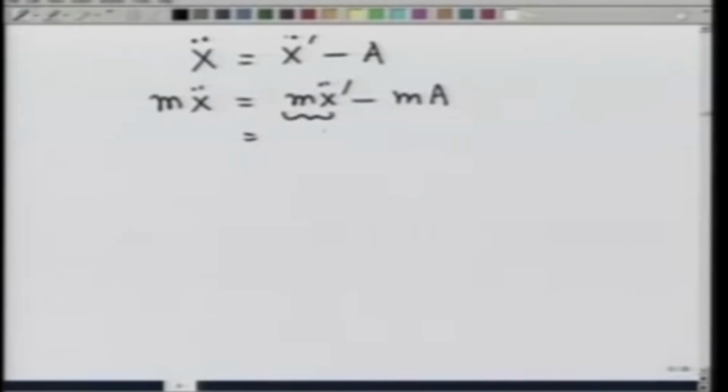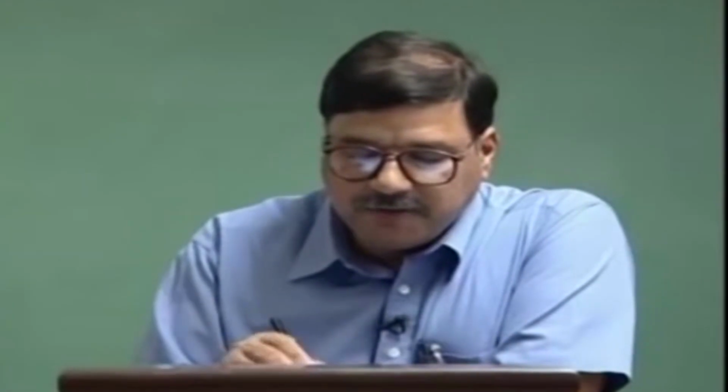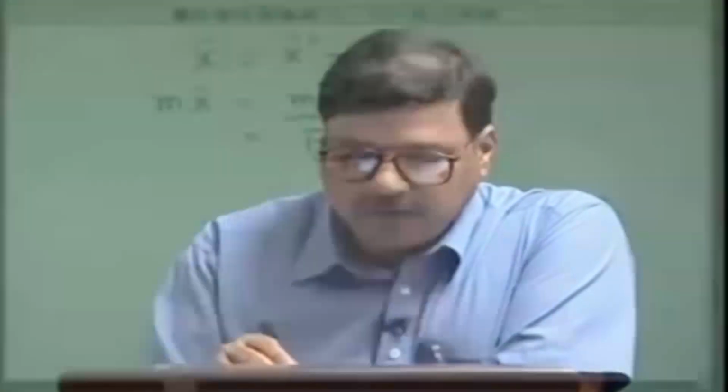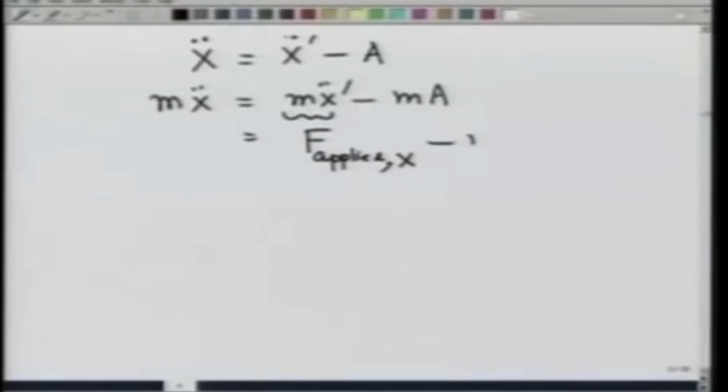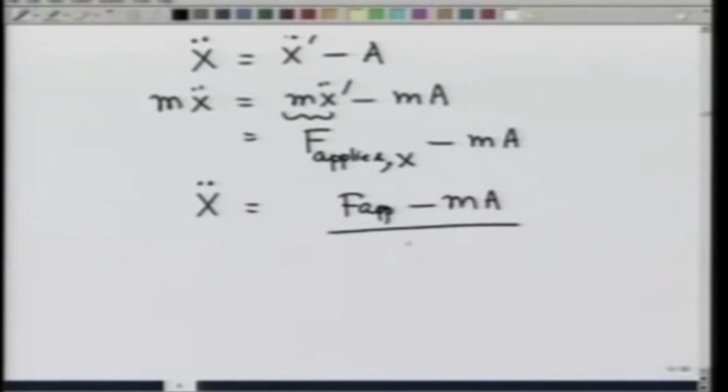This, recall, is the true force F applied, because x prime double dot is the acceleration in the inertial frame. So, this is real F applied force in the x direction minus m a, and therefore, the acceleration in the accelerating frame I write as F applied minus m a divided by m.